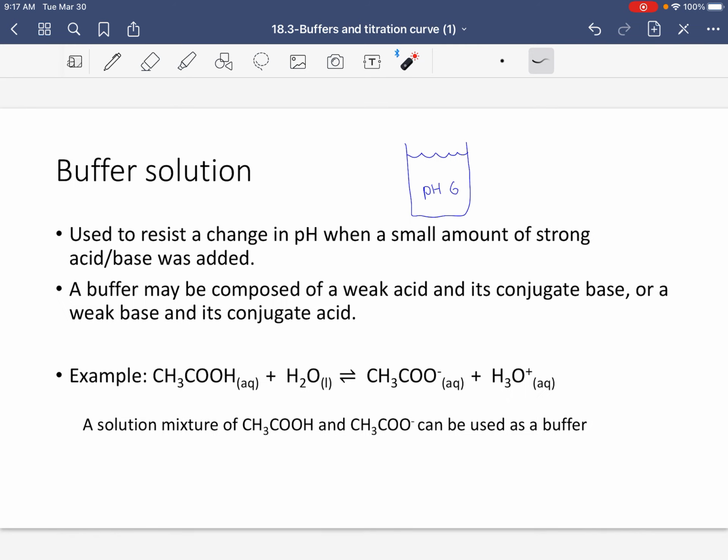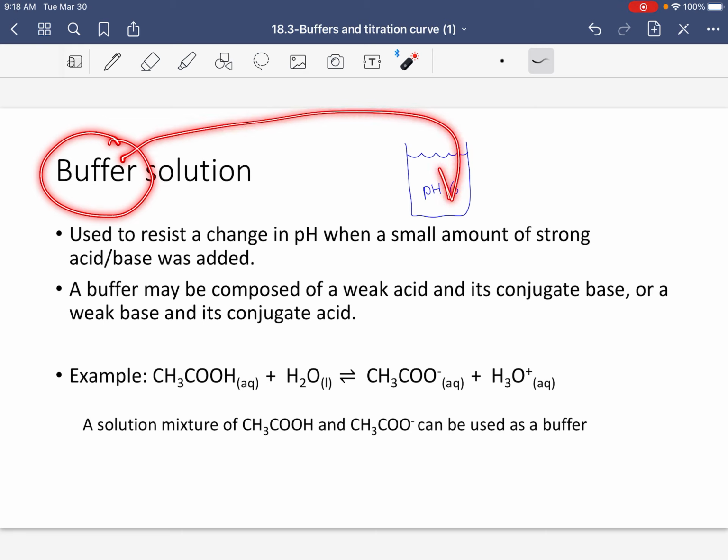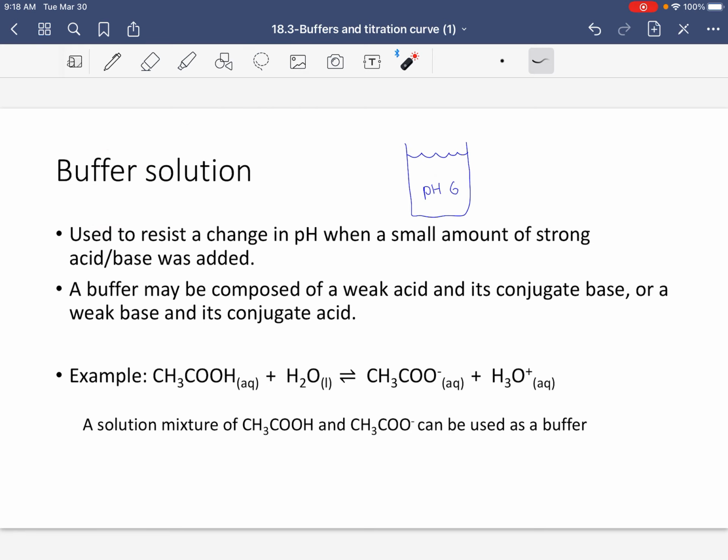The question is, how do we keep it stable? Well, very simple. You do that by adding a buffer solution in there. Because you need to understand how pH works. pH measures the concentration of H plus inside a solution. Indirectly, it is also looking at how much OH minus is inside the solution.